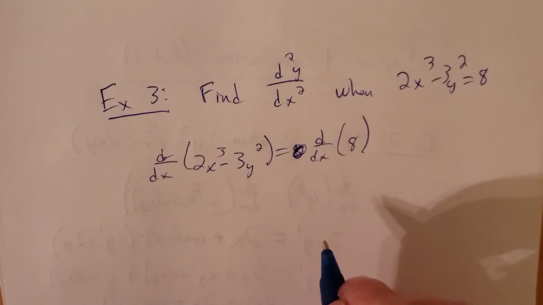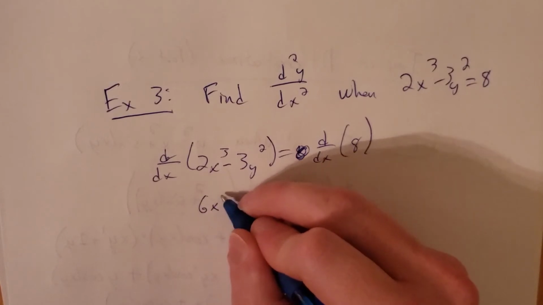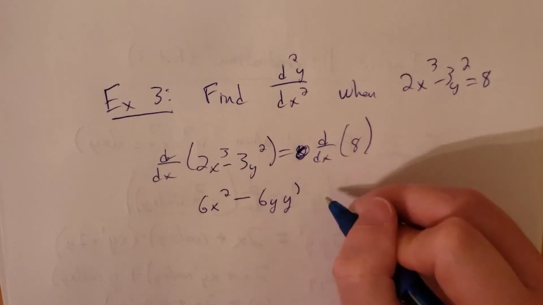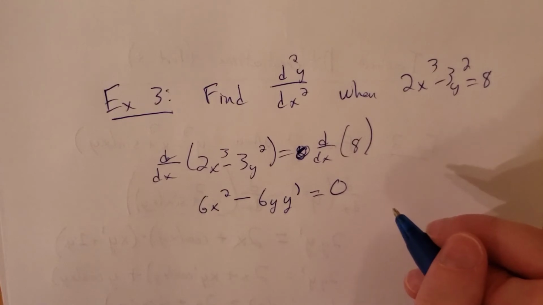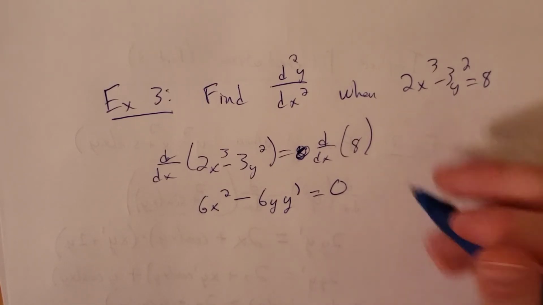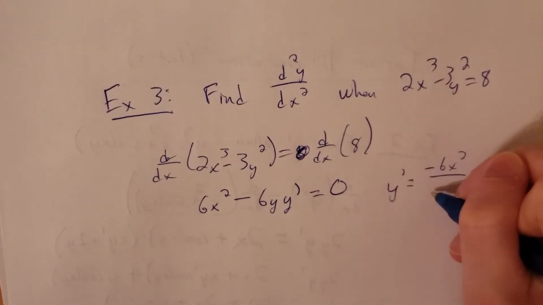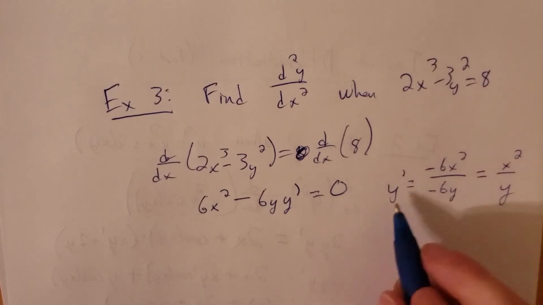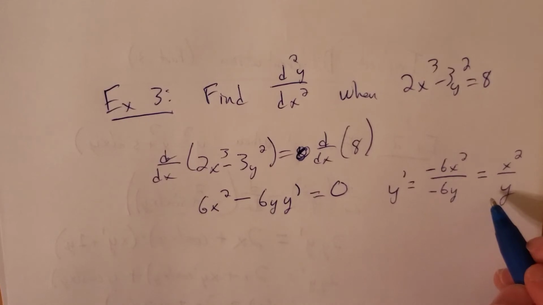We derive both sides with respect to x. So our left side is 6x squared minus 6y y prime is equal to 0. And so we get y prime is equal to negative 6x squared over negative 6y. So this is x squared over y. And that's our first derivative, y prime is equal to x squared over y.